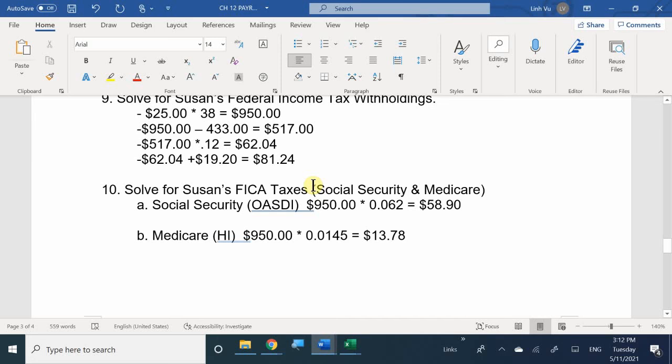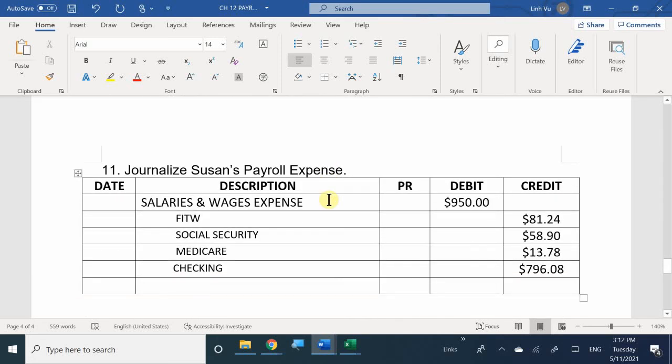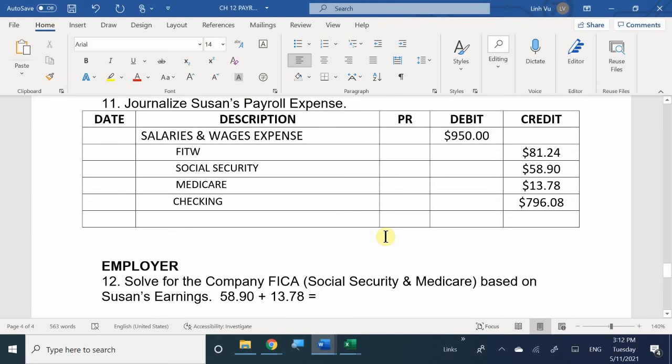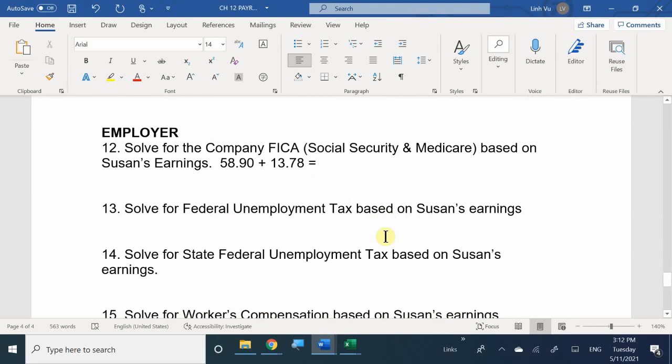Social Security of 58.90 plus the 13.78. So, how much FICA is the company responsible to pay? 72.68. Okay.